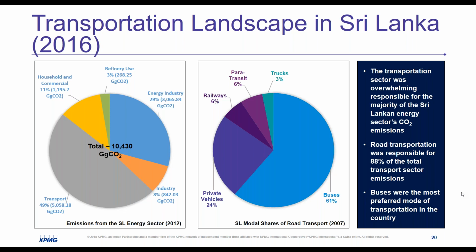Within the transport sector, we looked at which sources are contributing the most to the emissions, and we realized that it was actually road-based transport, which was the primary reason for the high emissions from this sector. Even within road transport, a large part of the population was dependent on the public mode.